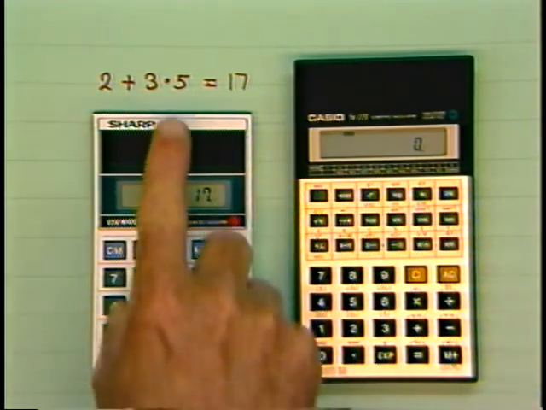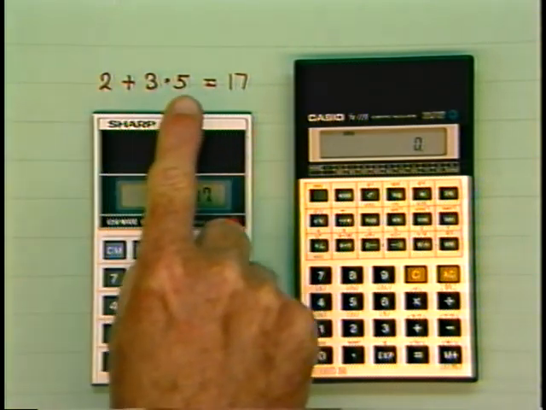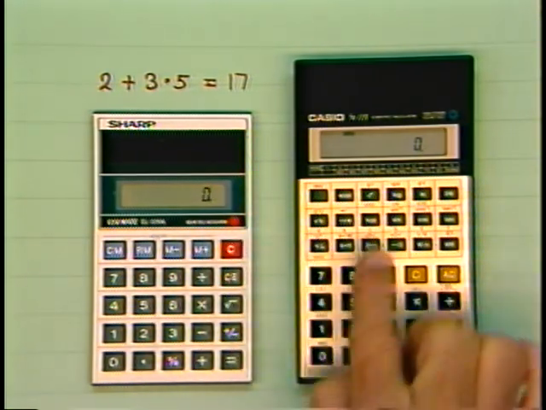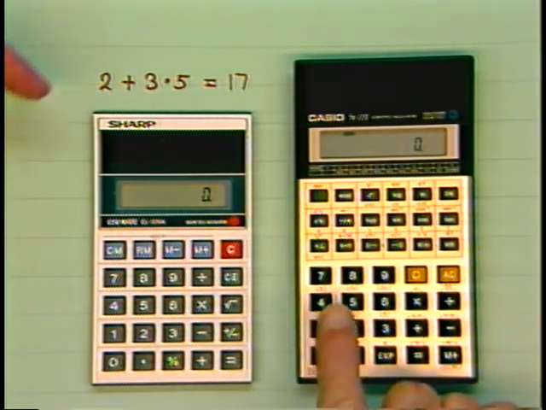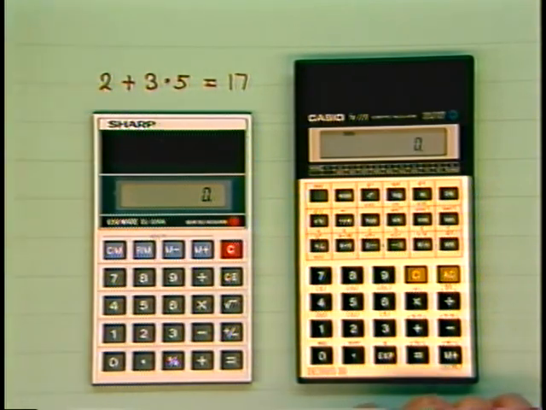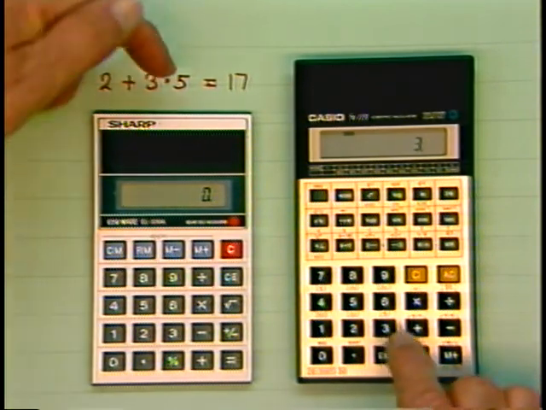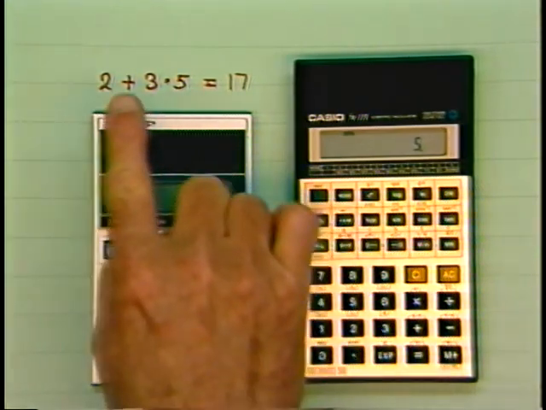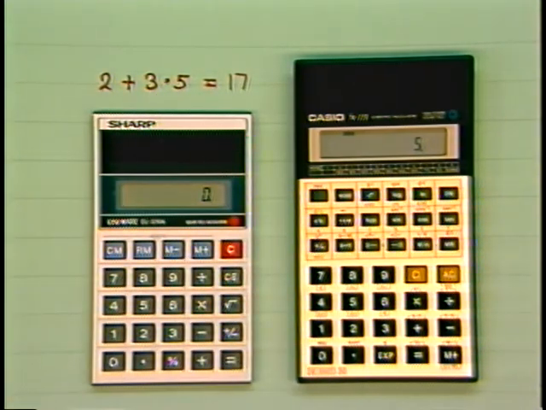So you're always safe if you do the operations and key them in the order it should be done, not in the order that is written. However, on many of your scientific calculators, probably all of them, notice what happens if I key in the problem as it's written as opposed to the way it should be done. So if I hit 2 plus 3 times 5, now if I were to work it that way, 2 plus 3 is 5, times 5 is 25, the wrong answer.